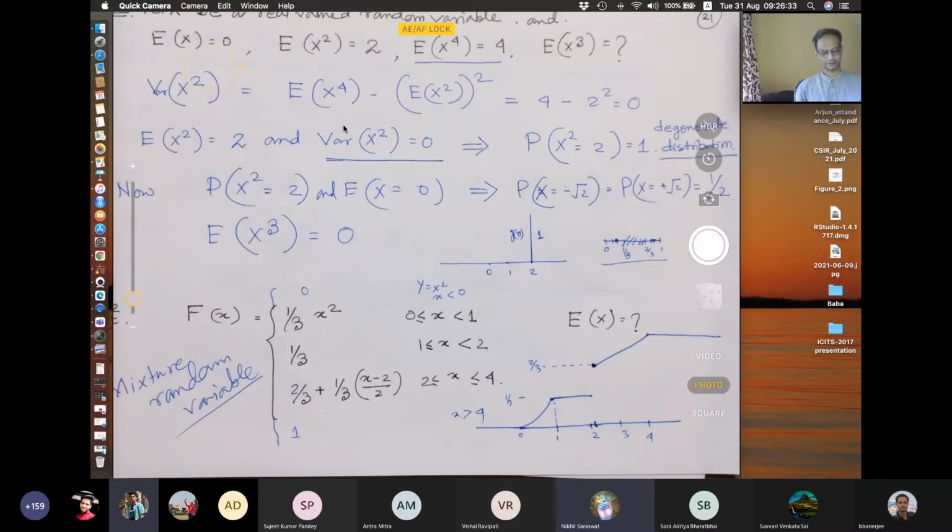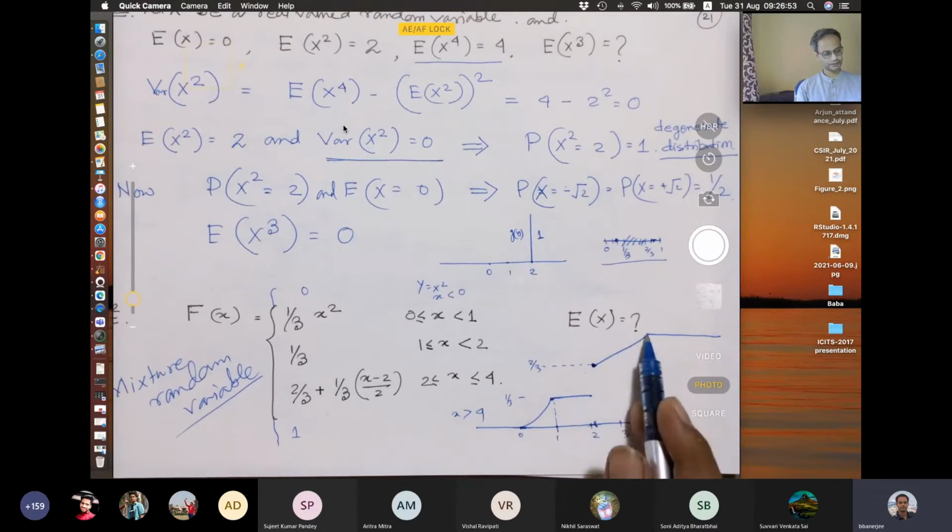And then integrate. From here to here, you integrate x times the PDF, then add 2 times the probability at 2, then integrate from here to here again according to the PDF.